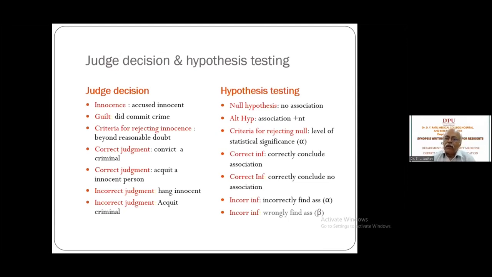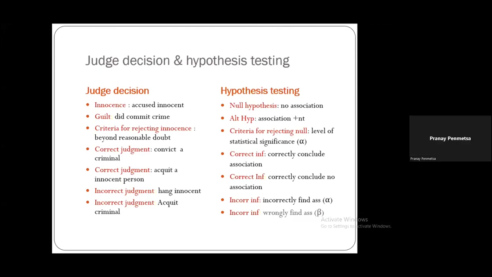Similarly, when we form a hypothesis and start testing it, we start with the null hypothesis of no association. The judge in the court of law starts with innocent till proved guilty. The person may be guilty, might have committed the crime, and the alternative hypothesis is that there is an association. The criterion for rejecting innocence is beyond reasonable doubt.